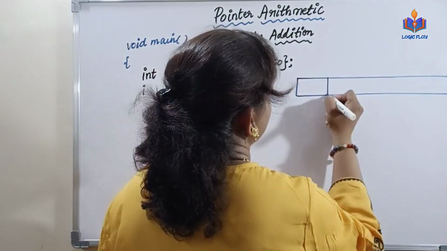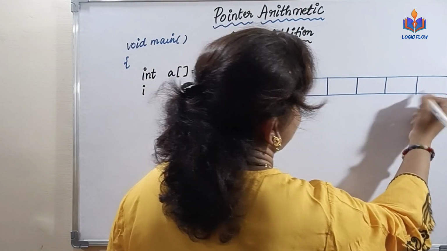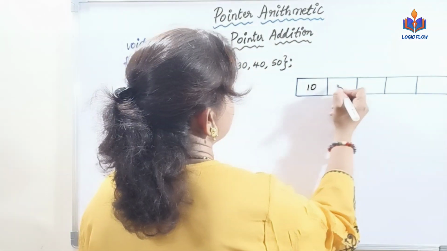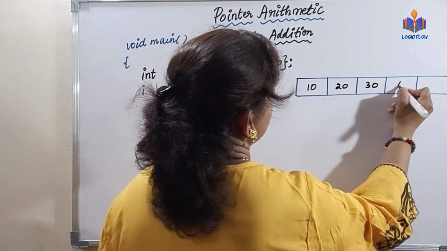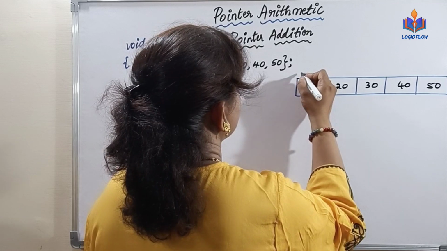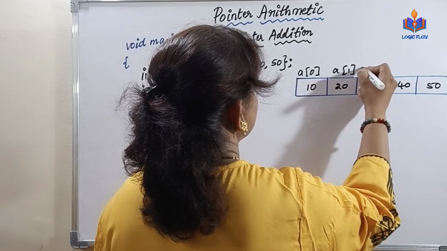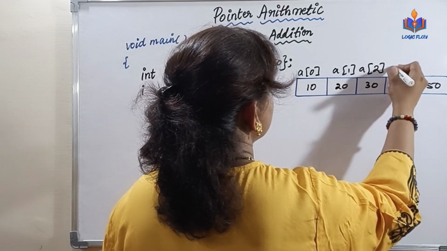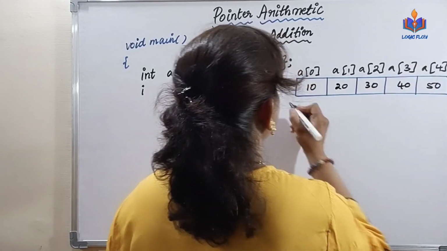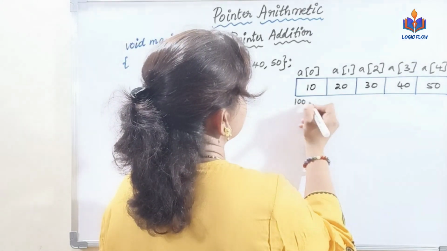The elements we have stored are 10, 20, 30, 40, 50, and it is A of 0, 1, 2, 3 and then 4. Let us say the address is allocated from 1000.